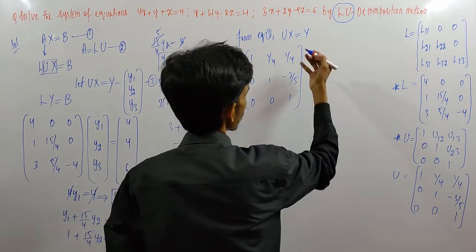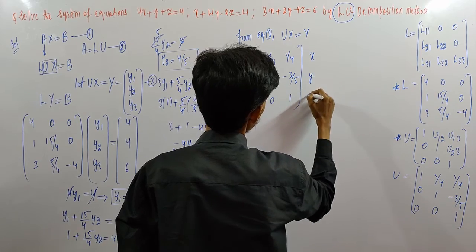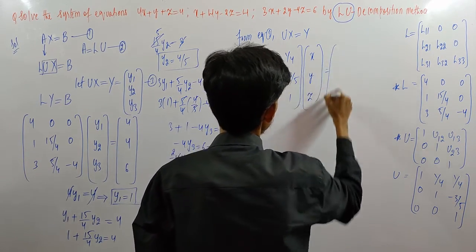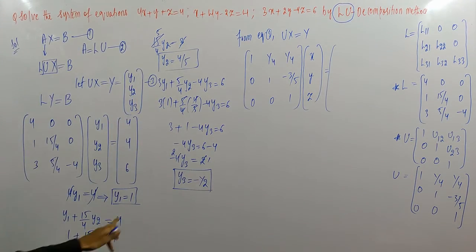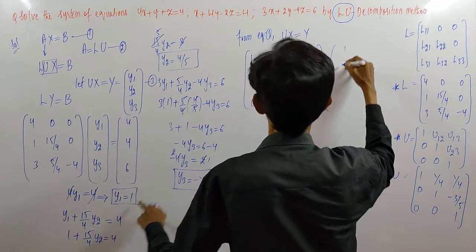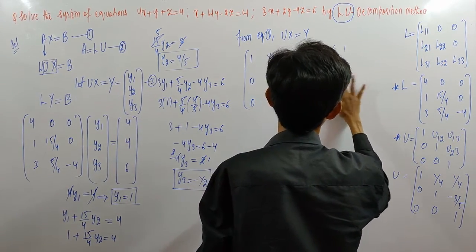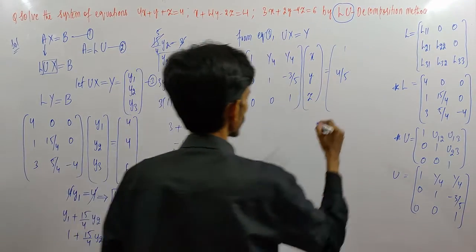X is a column vector of variables x, y, z, equal to Y, where y1 value is 1, y2 value is 4 by 5, and y3 is minus 1 by 2.